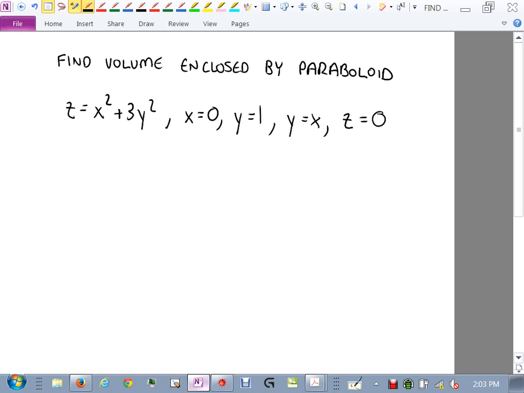All right, what does that paraboloid look like? Well, it looks like a paraboloid, right?